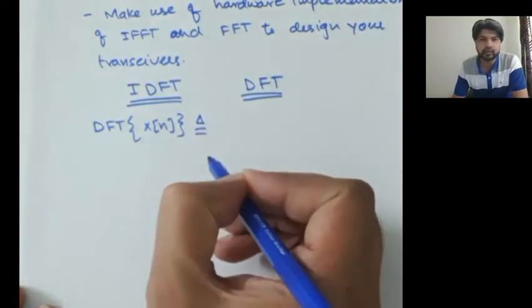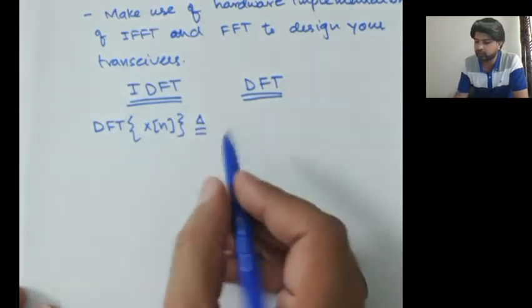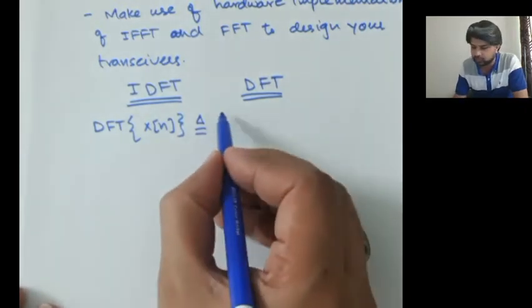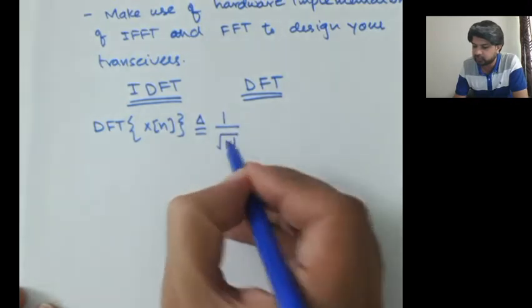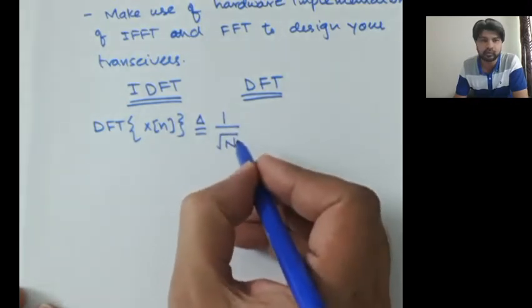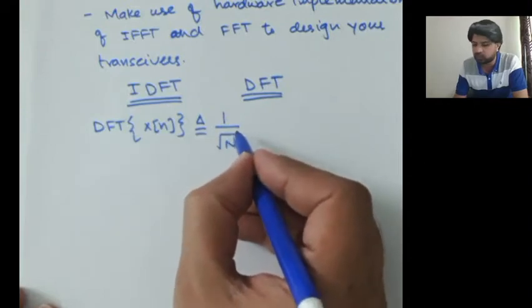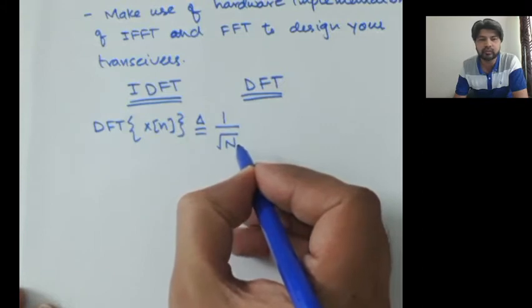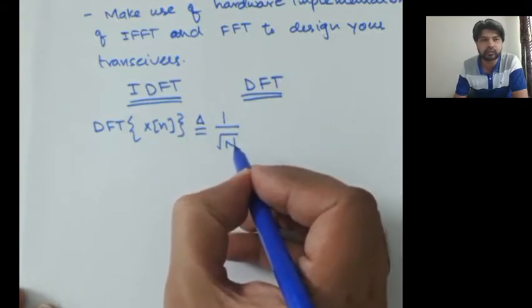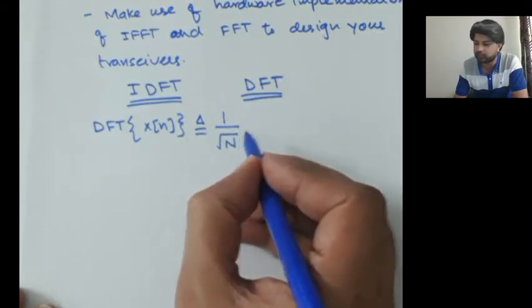By the way, this definition is specific to the author of this textbook, because there is a scale factor which is different from the general definition. The author makes use of a scale factor of 1 over root N, so that you have the same scale factor for the discrete Fourier transform and the inverse discrete Fourier transform.